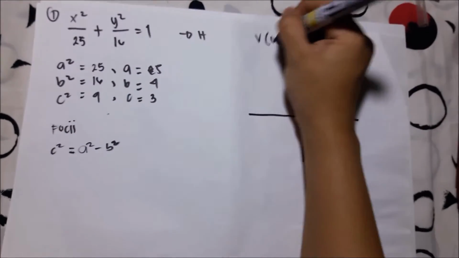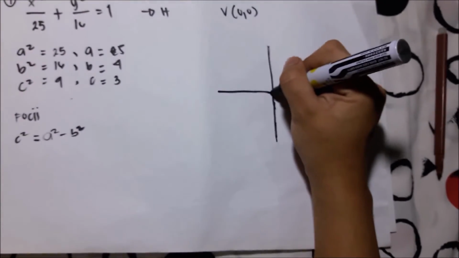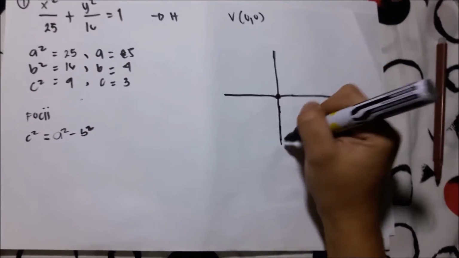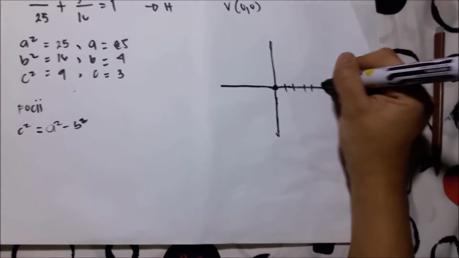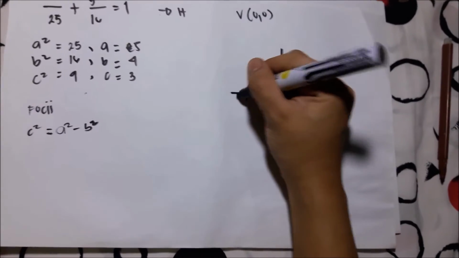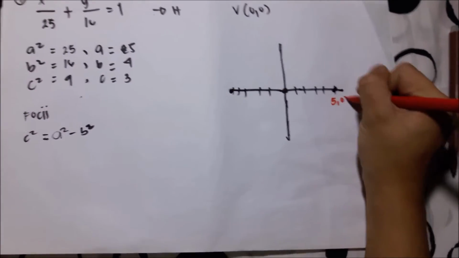So the center of this one is 0, 0. So let's add some points here. Your a is 5. So 1, 2, 3, 4, 5. 1, 2, 3, 4, 5. So the point for this one is 5, 0.